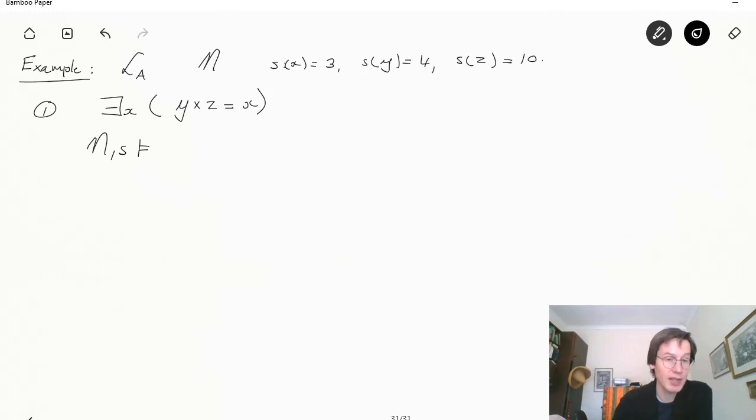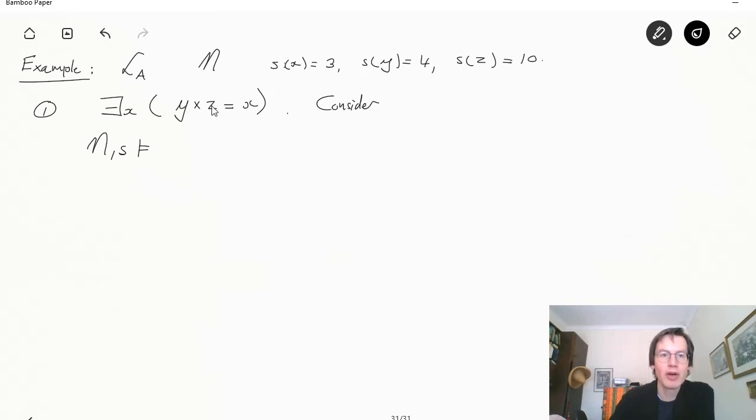To satisfy this, I would need to find an x variant of my assignment such that what is in the brackets will be the case. Whatever my x variant sends x to would need to be equal to y times z.